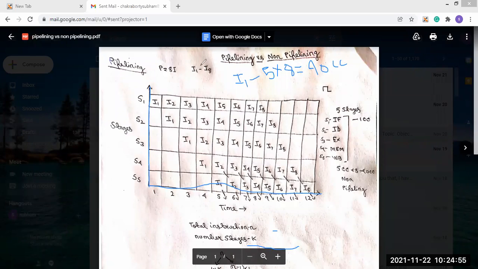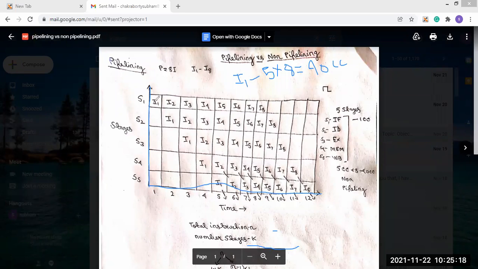So on the y coordinate we mention S1 to S5, the total 5 stages, and on the x coordinate we mention the time.